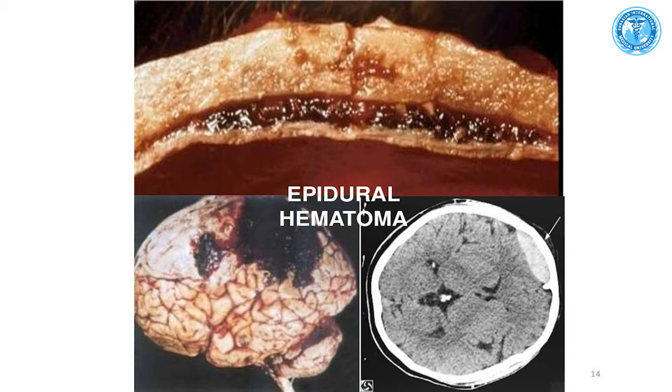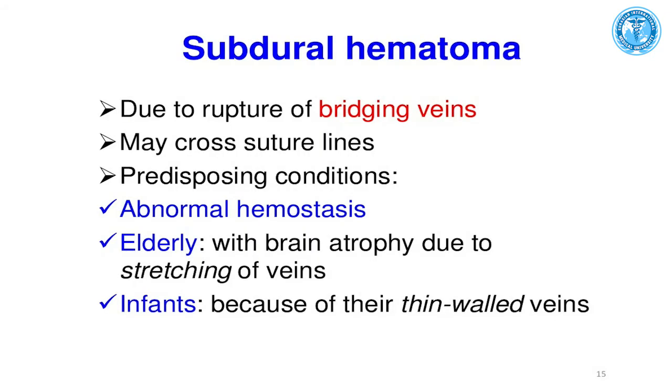You see in this slide an epidural hematoma. And next one, subdural hematoma, due to rupture of bridging veins, which may cross suture lines.